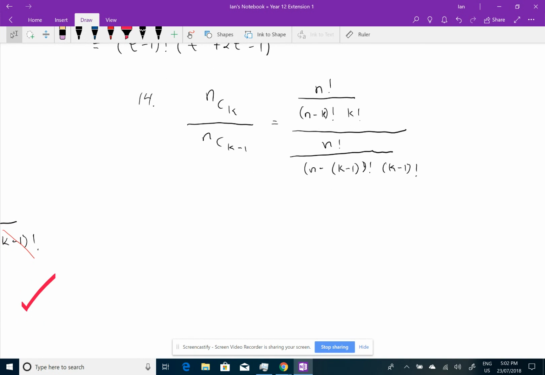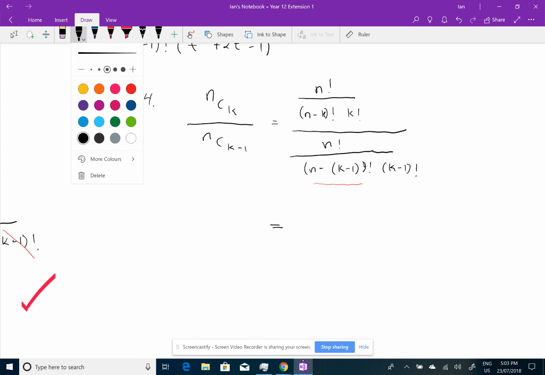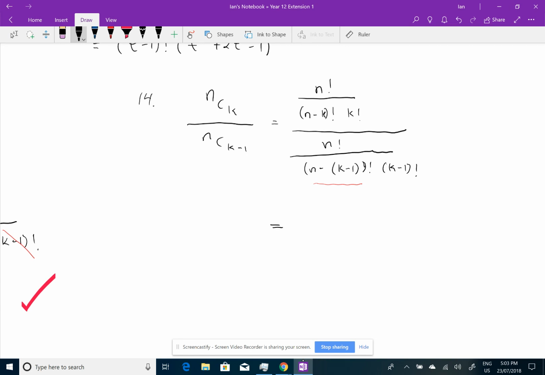Now, I'll tidy that bottom bit up because that's going to become n minus k plus 1. That bit there is going to become n minus k, and minus 1 is plus 1. But I'm not going to touch the other bits because when I divide a fraction, I multiply by the reciprocal.